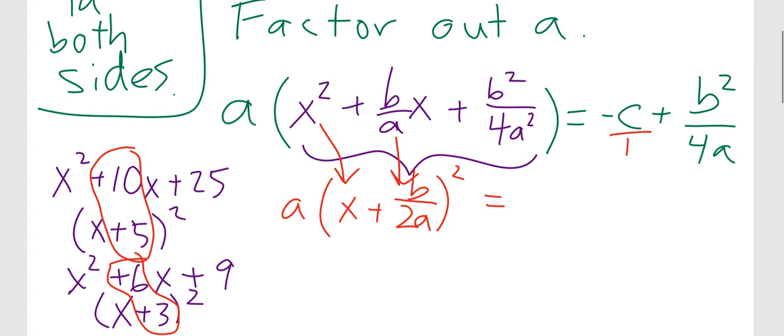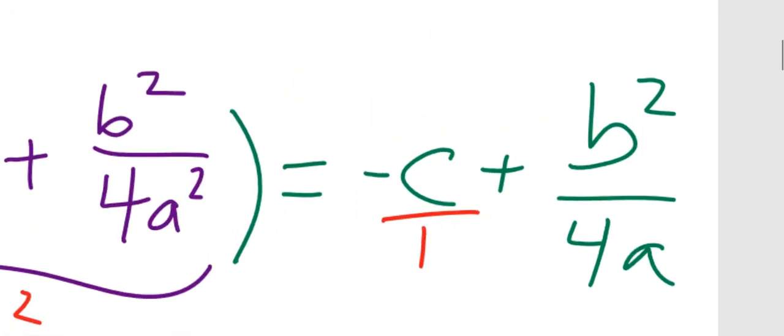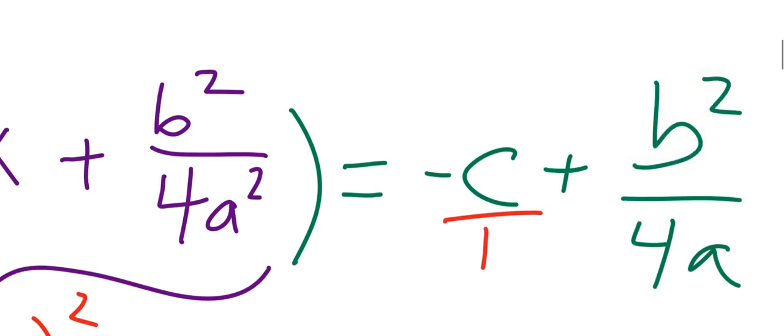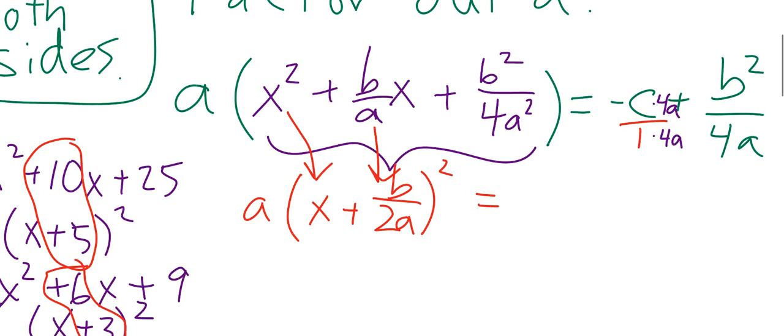Now, this has a denominator of 1 right there, that negative c on the other side. Let's just remind ourselves, if we needed to get common denominators, what is this denominator missing? It's missing a 4 and an a, so I have to multiply the top by 4 and a to get common denominators, and then I can add those two things together.